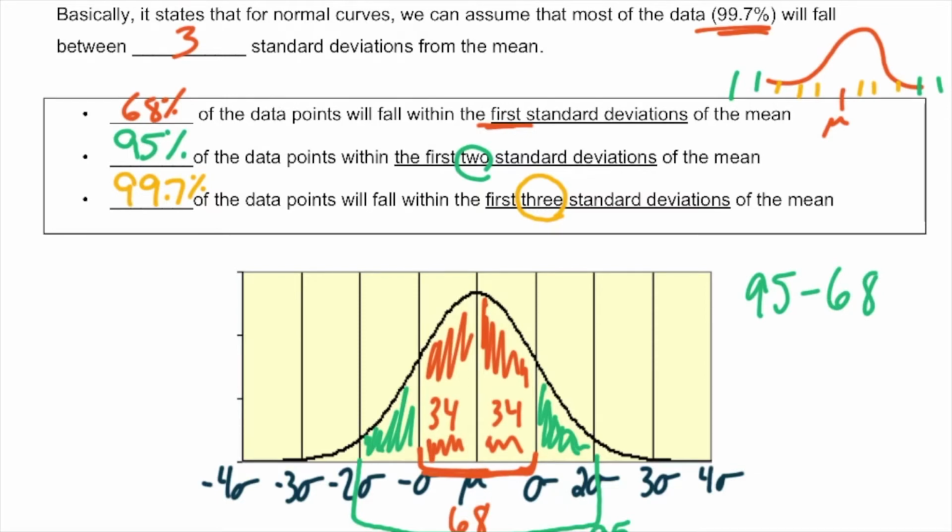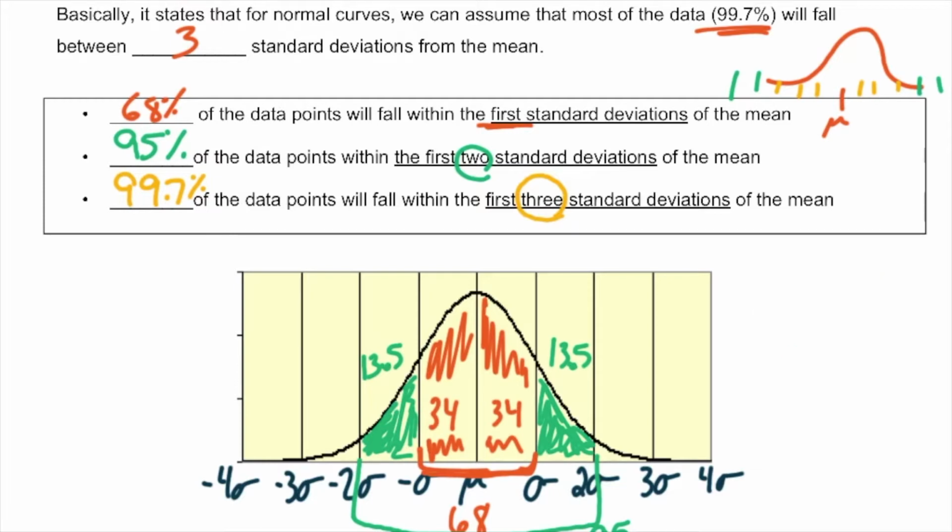That's going to give us 27. And then I would divide that by 2, and that's how I'm going to find each of these pieces. So 27 divided by 2 is going to be 13.5. So each of these green squiggles represents 13.5% of the data. And these are percents, and that's something that I don't want you guys to forget. So these are all percents.